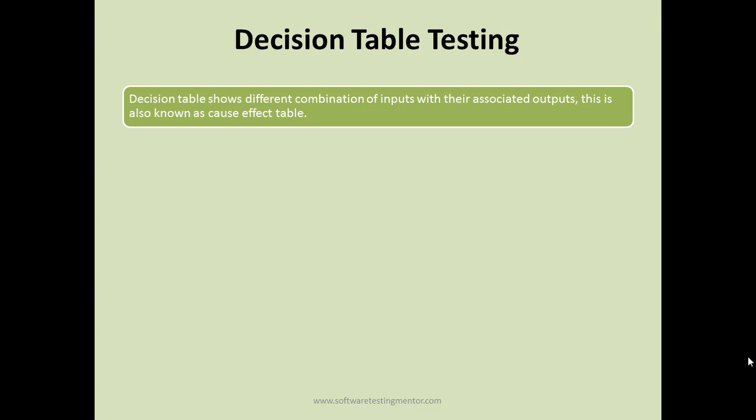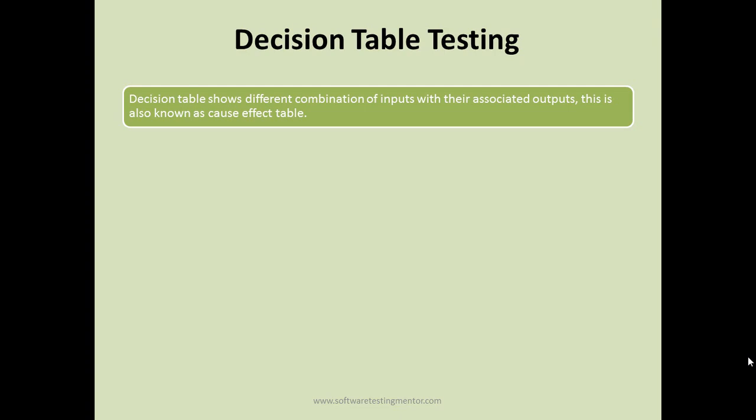Suppose you have condition 1, condition 2, and based on the changes in those conditions, your outcome changes. So in a decision table, you have different combinations and your output is dependent on the outcome of those conditions.